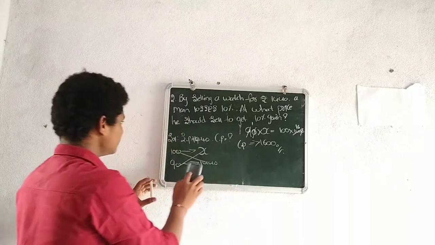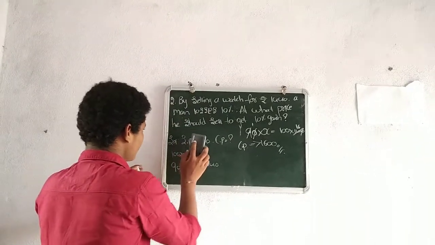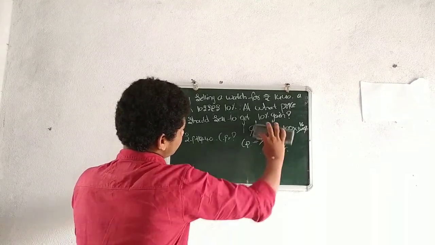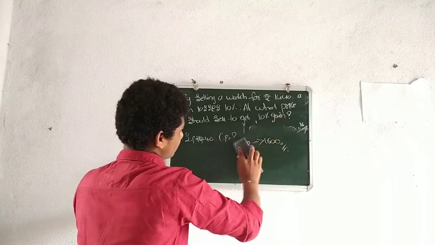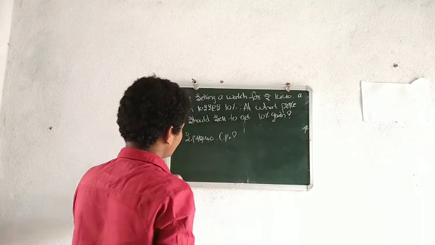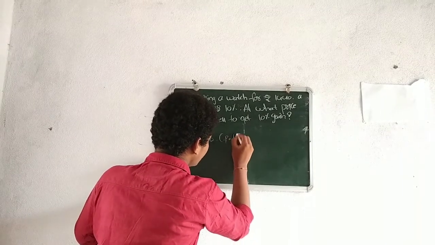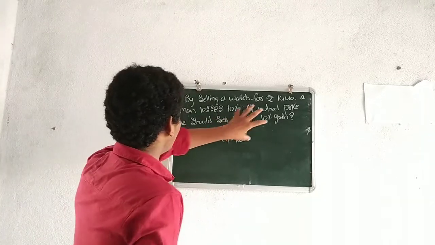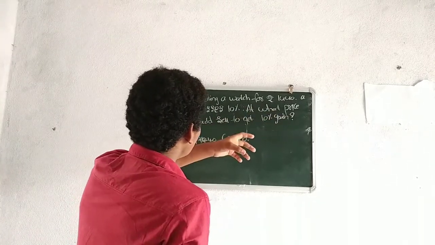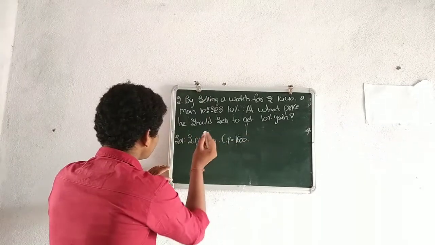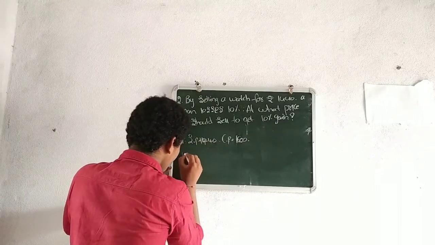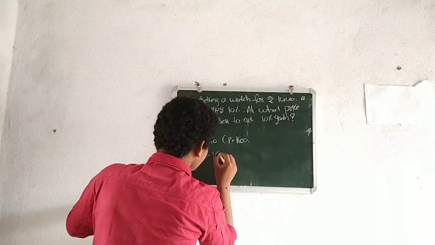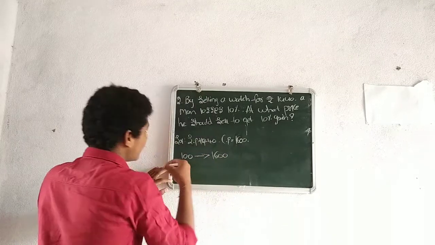But next problem, please note down this. Now we got 1600, and at what price should he sell to get a 10% gain? 100, 1600, and a 10% gain.